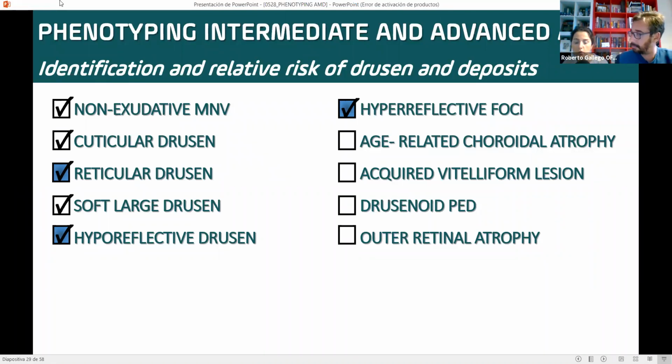Well, I don't think on OCT you can, of course, know if there are hard exudates in diabetes or pigment in AMD, but there's no hallmark in OCT that gives you information to differentiate the content.